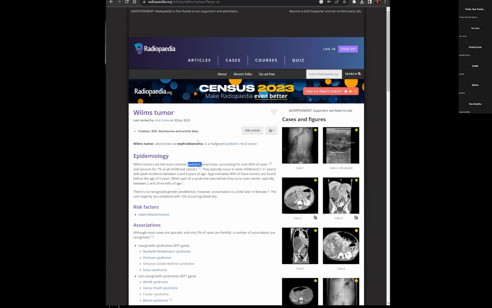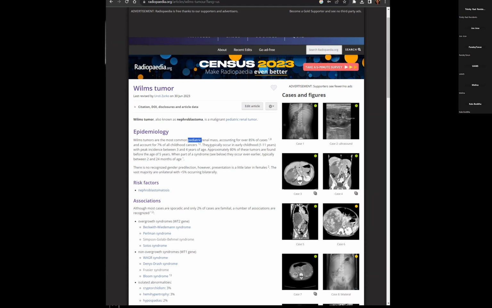In young people, I think it's a different set of differential. Wilms tumor is the most common pediatric renal tumor, and actually a very common pediatric cancer overall.